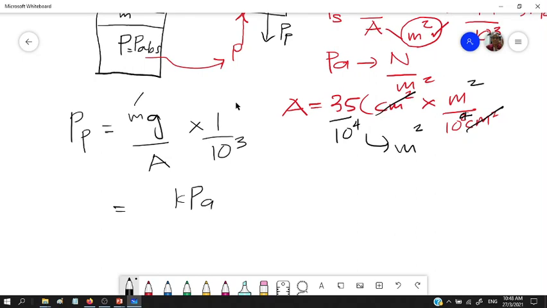This is in kilogram, this should be in meter over second squared, and this should be in meter squared. Then you divide by 1000 right here, then you get your kPa.